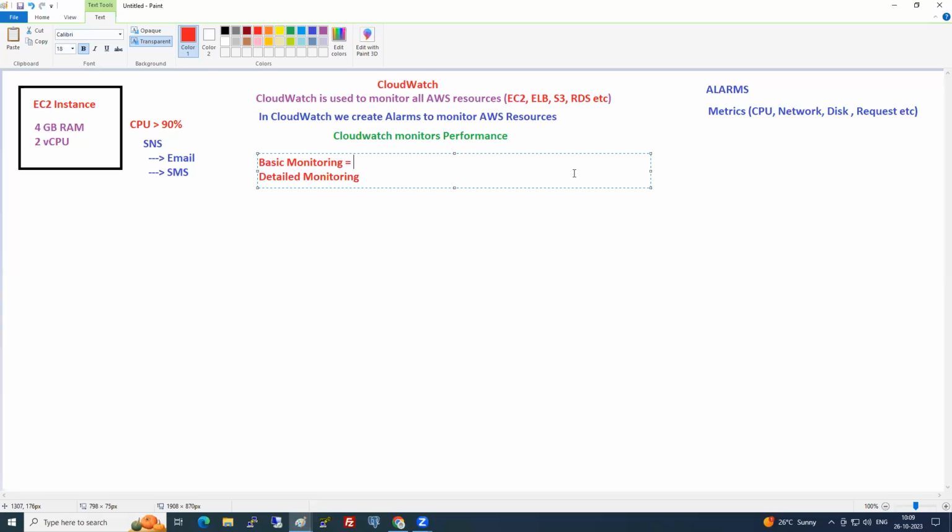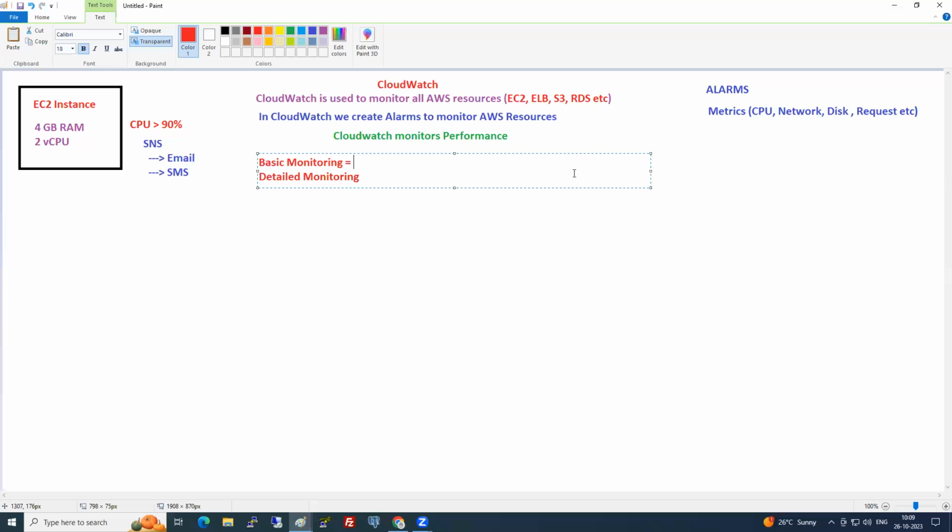If you go for basic monitoring, every 5 minutes you will get the CPU utilization details. Let's say now it is 10:10. At 10:15, you will get one point of CPU utilization. 10:20, another point. 10:25, another point.